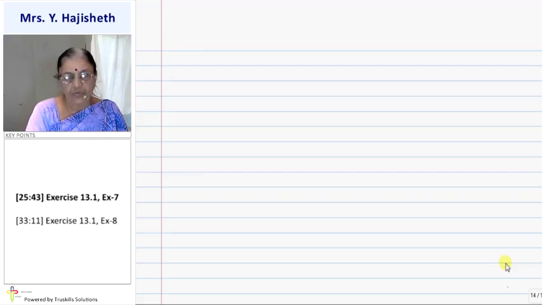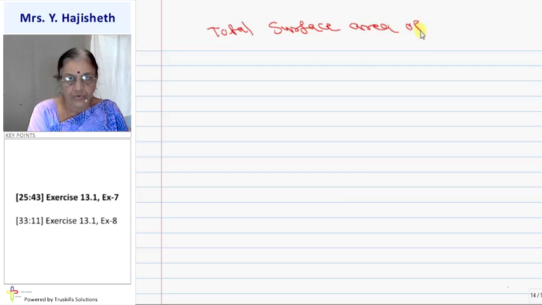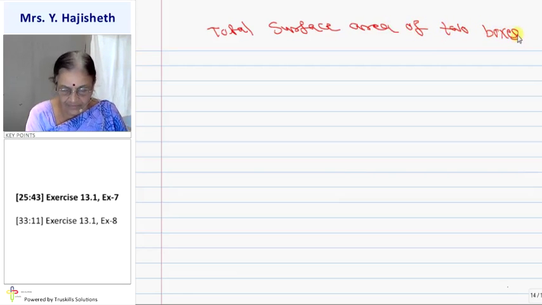Now, total surface area of 2 boxes, one smaller and one bigger one, is 2080. Clear? Because it is 1450 plus 630.